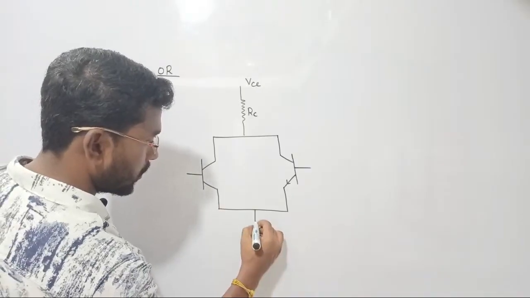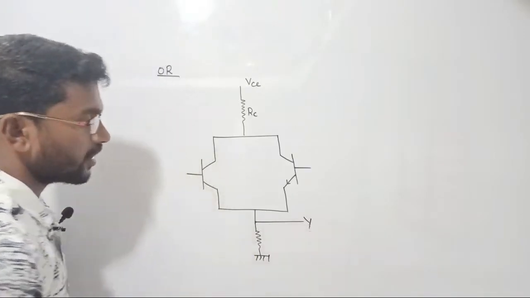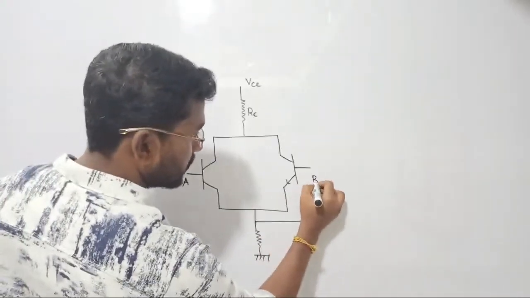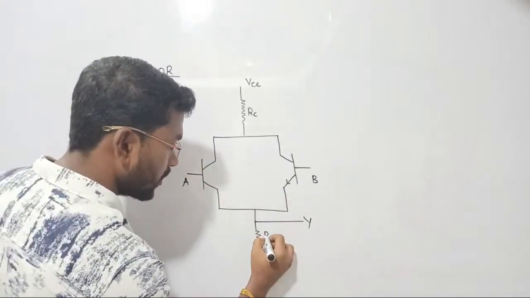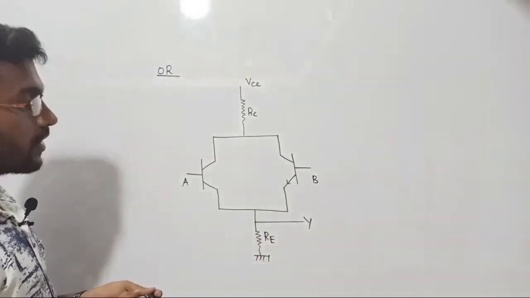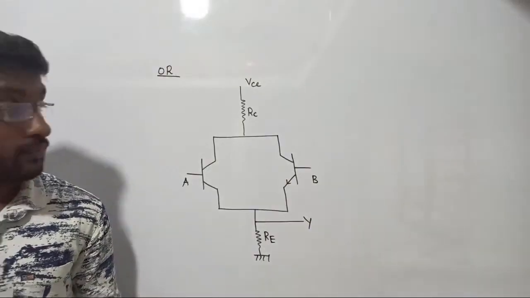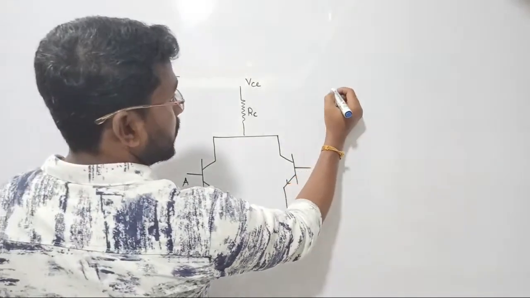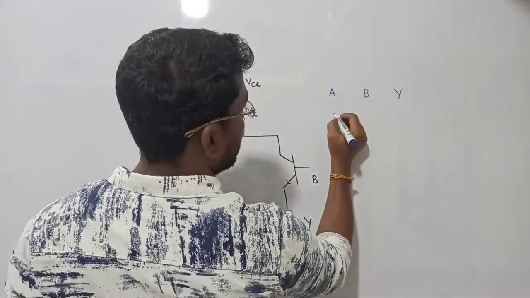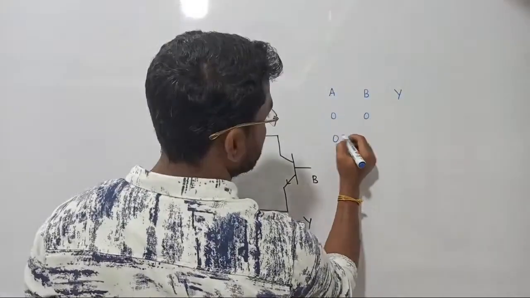And this is the point where I am going to take the output, right? So let us take A and let us consider B, and this is going to be the emitter resistor. Shall we perform the operation? Yes. Now here I have A, here I have B, and output is Y. Let's perform. There are 4 possibilities.